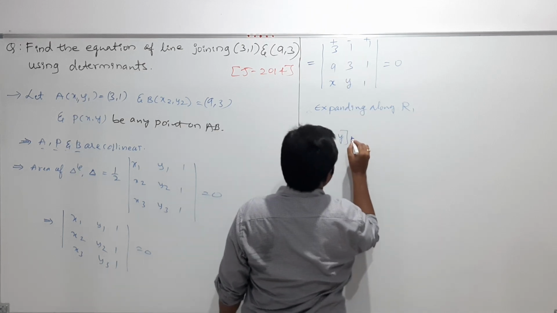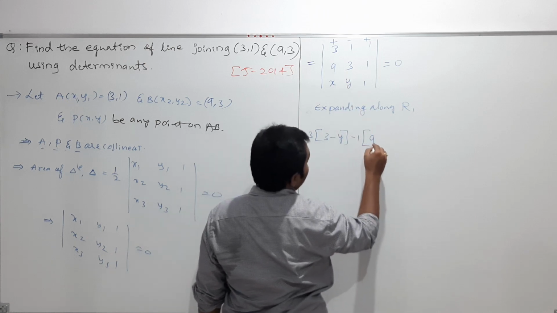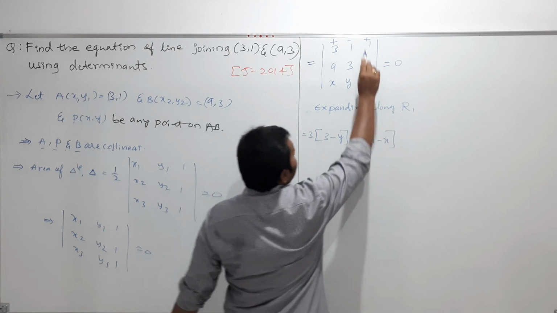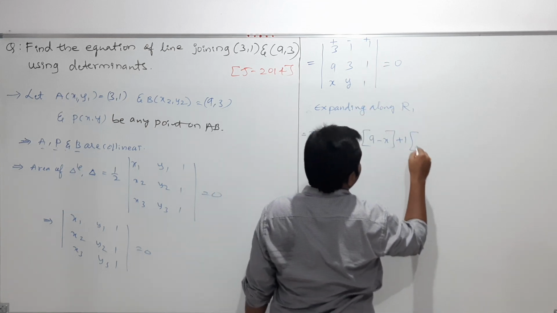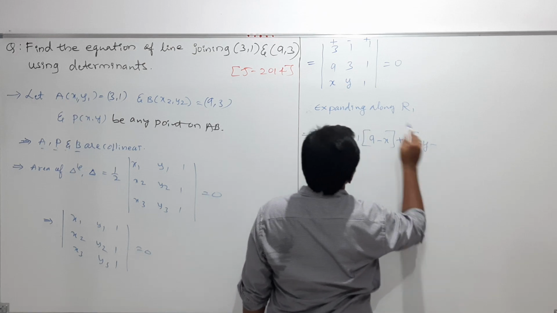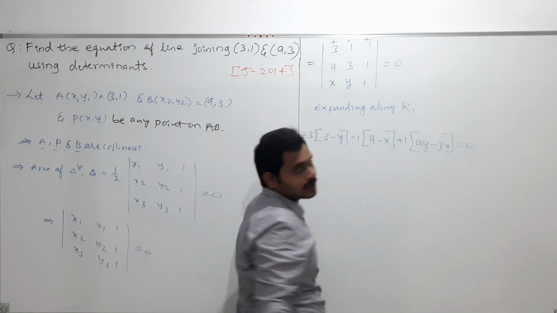Next, minus 9 into, leave this row and this column: 1 into 1 is 1, minus x into 1 is minus x. Clear? And next, plus 1 into, leave this row and this column: 9 into y is 9y, minus 3 into x is 3x, equals 0.